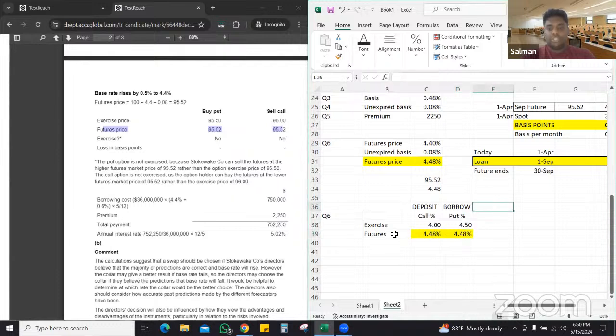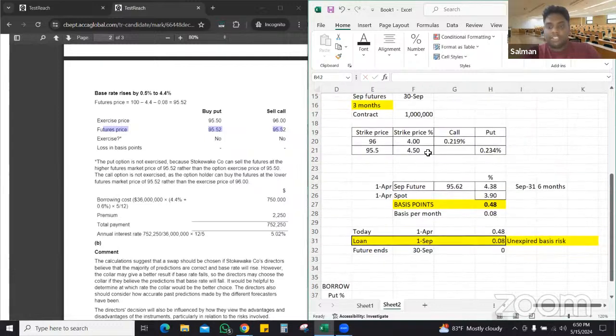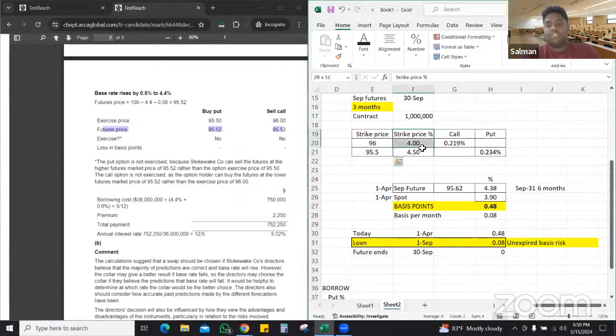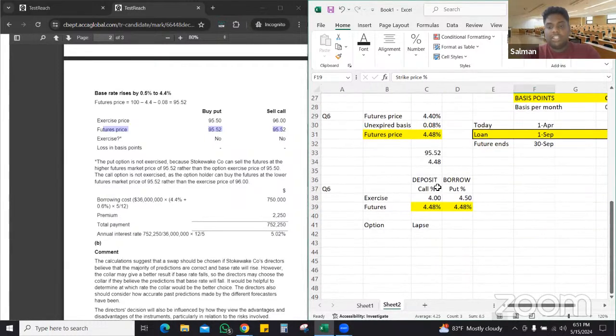So in both of these situations, the futures price is better than the exercise price. Since the exercise price is bad, we will lapse the option. Why? This exercise price given, 96, 95, 4%, 4.5%, is very disadvantageous to us. So we will lapse the option. Right? So this is what is given in this.